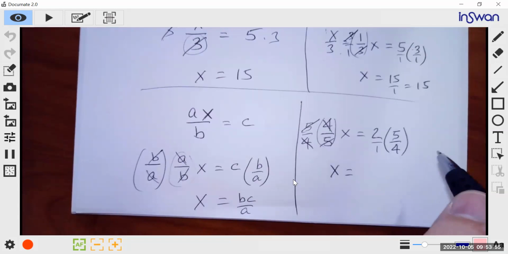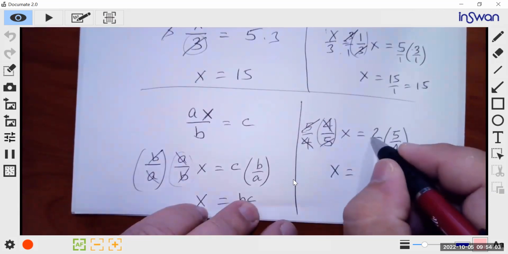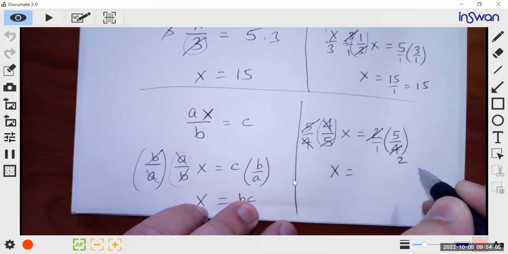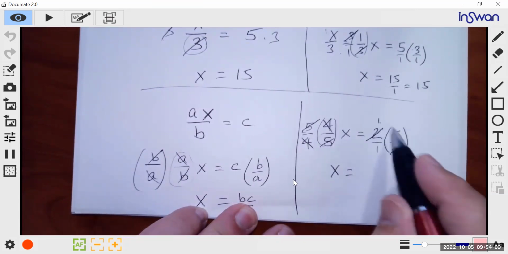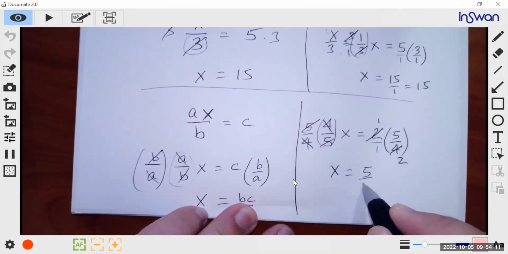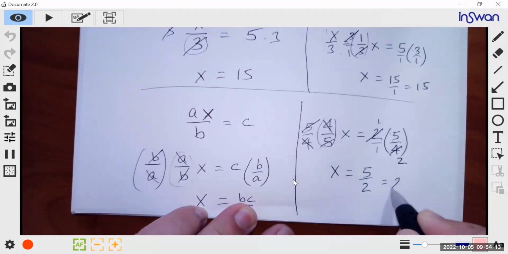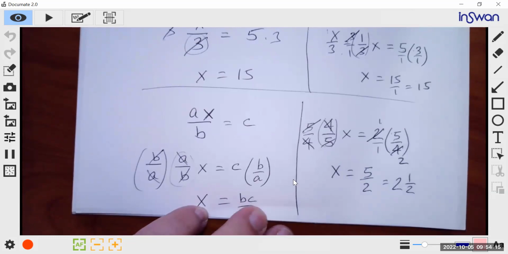On the right-hand side, before you multiply fractions, always do what first? Simple, reduce. So the 2 goes into the 4 twice. So we have 1 times 5 is 5, 1 times 2 is 2, which makes it 2 1/2.